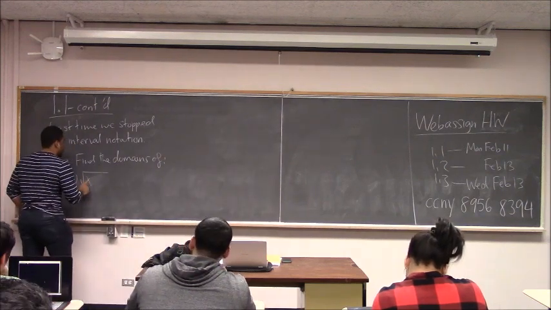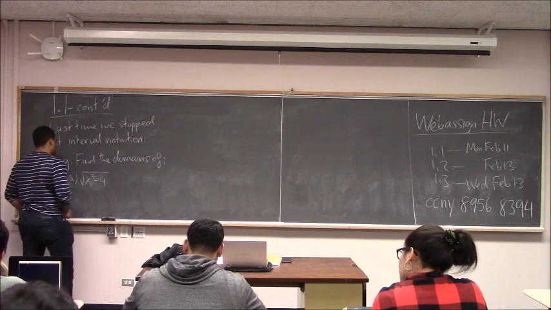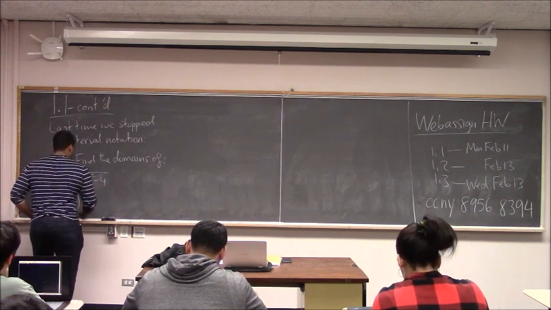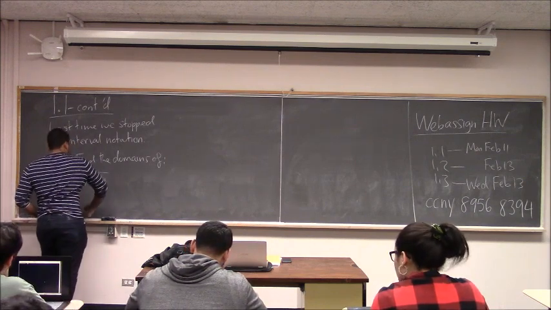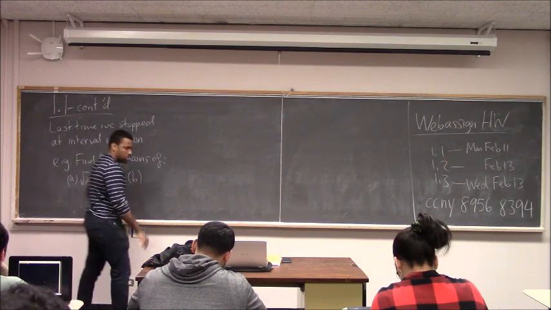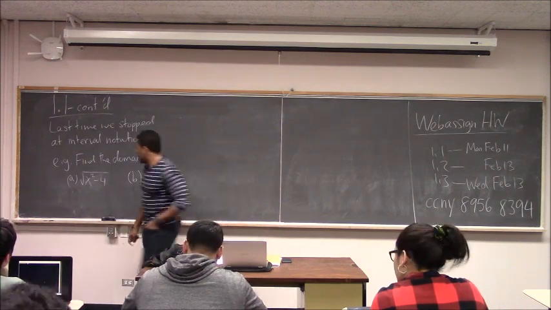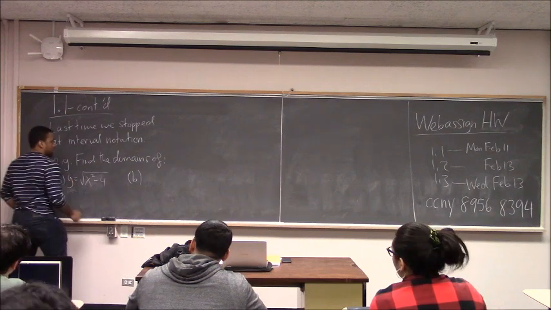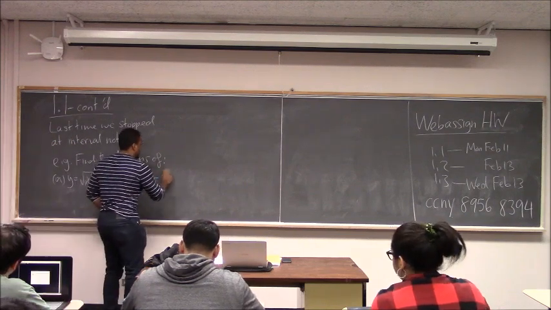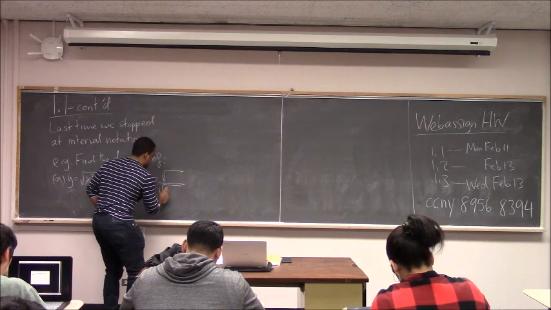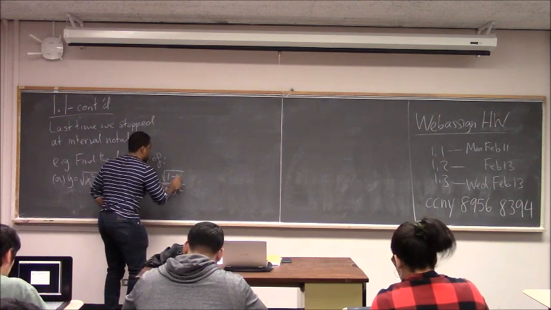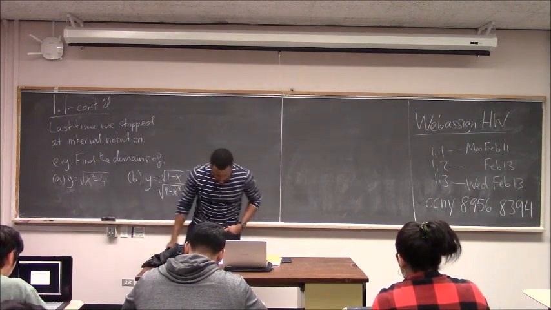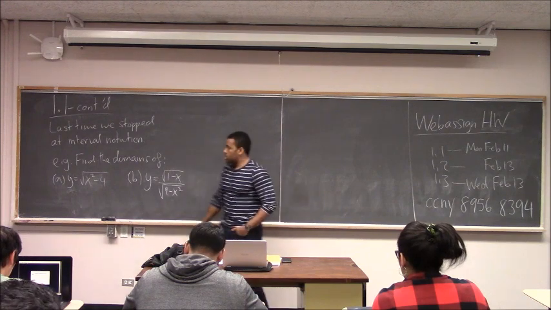Square root of x squared minus 4, and b. So the first function is y equals that, the second function is y equals that.